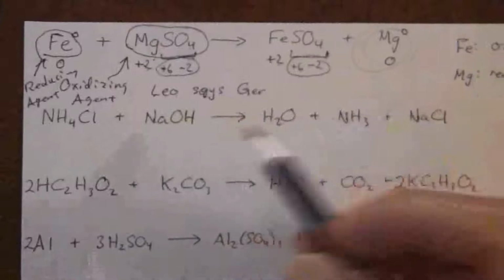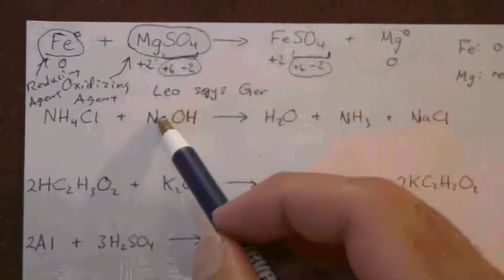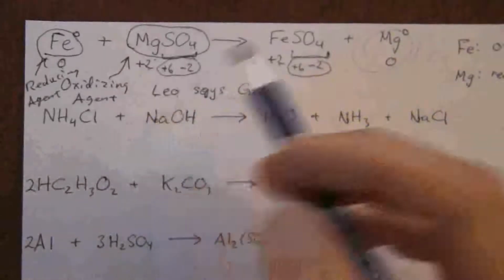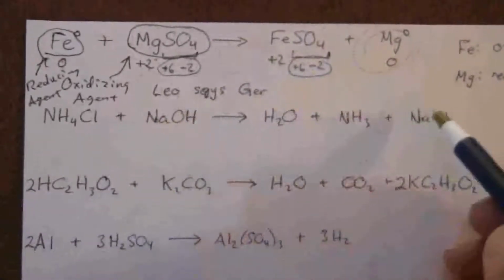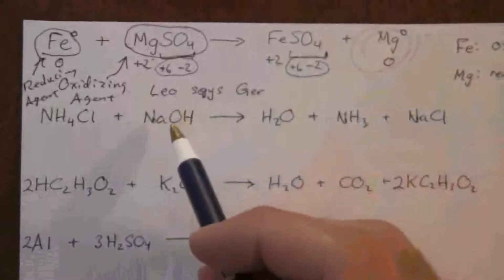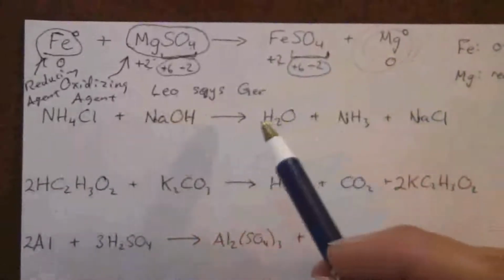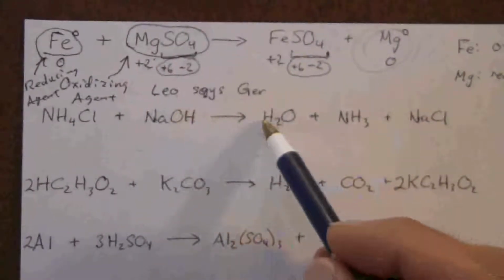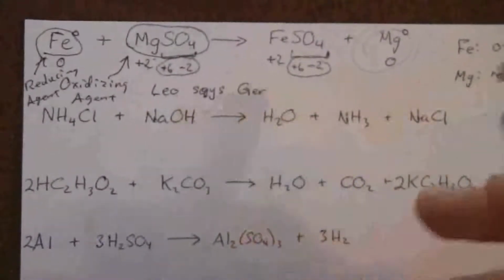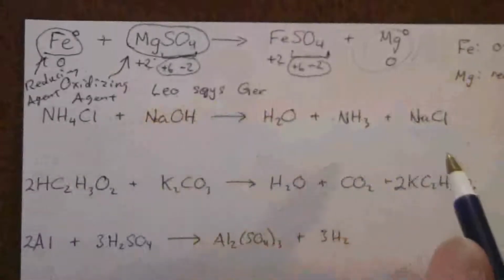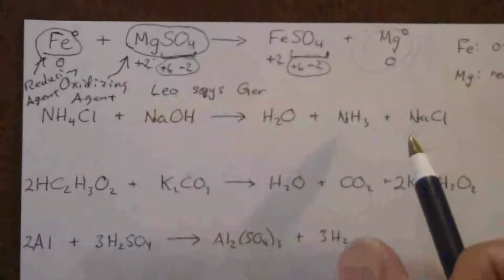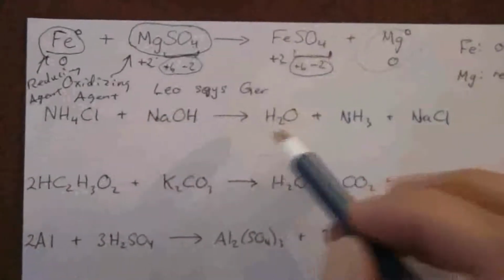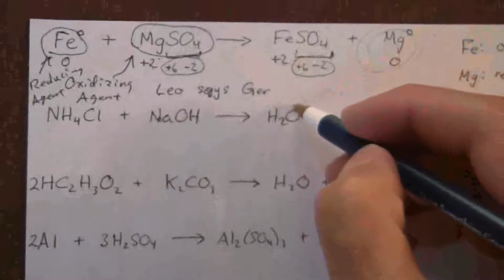Unless it's going to the metal, which it isn't here. Sodium is +1, sodium +1, so I don't need to write that. It's not changing, okay? The oxygen, the hydrogen, they are always +1, -2, wherever they're found in the equation, as long as they're not in their elemental form. If they're combined in something, +1, -2.